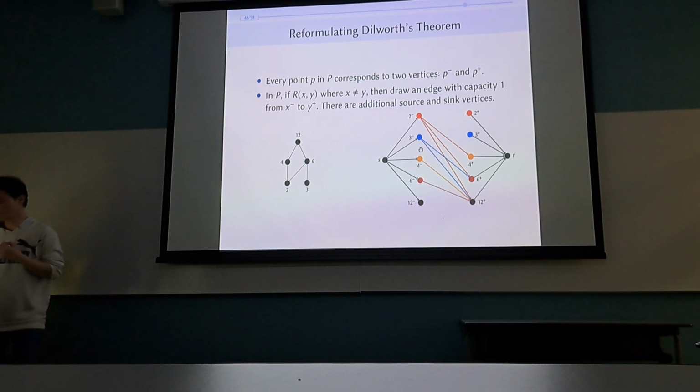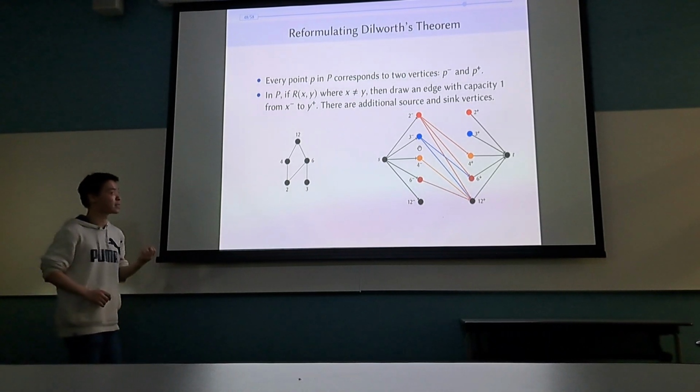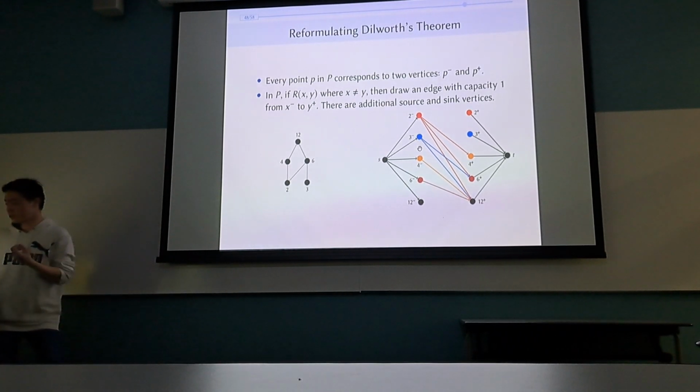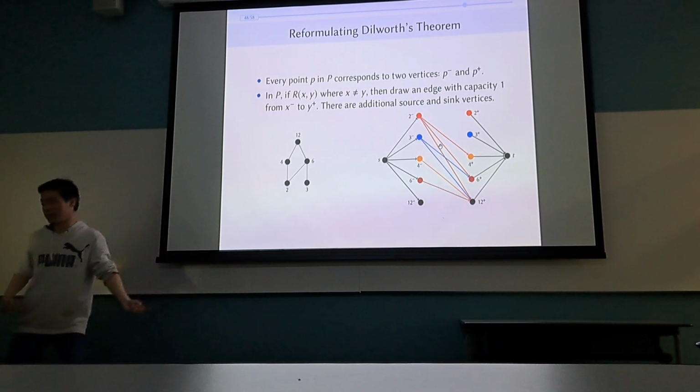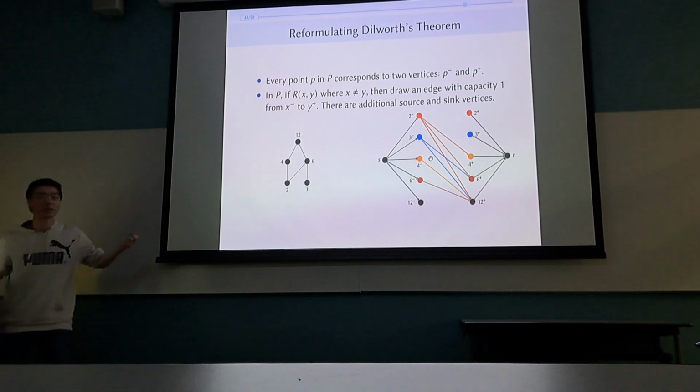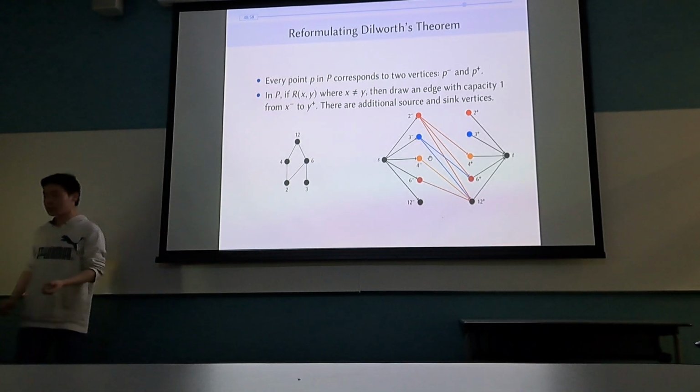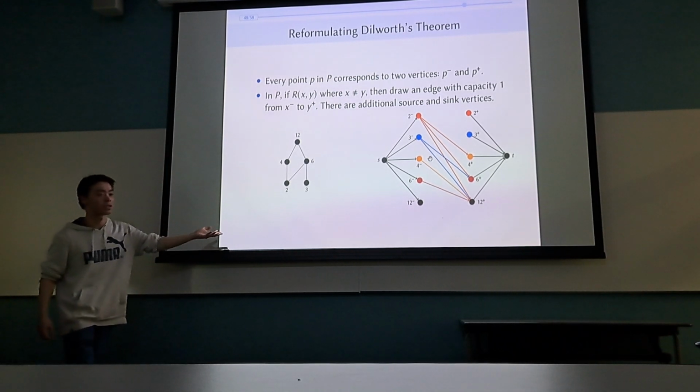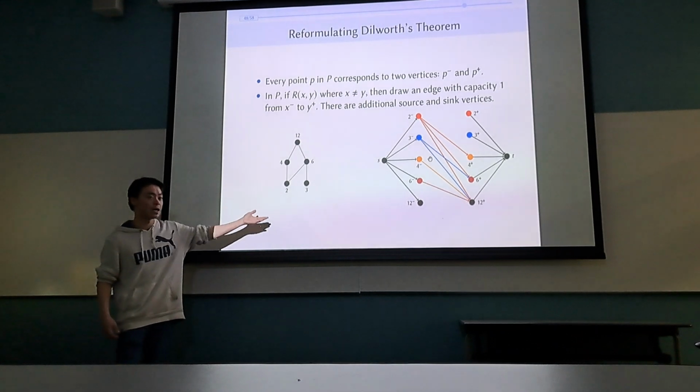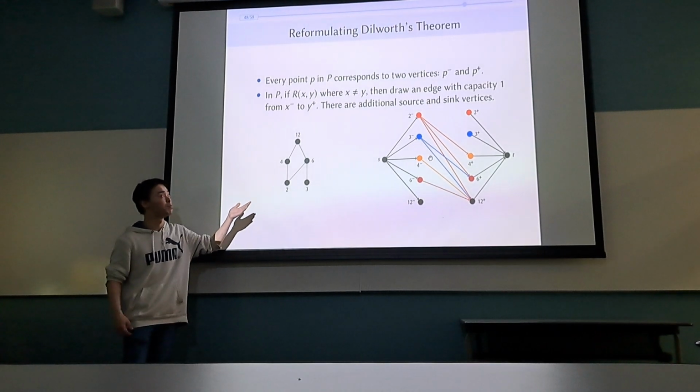Likewise, 3 is related to 6 and 12. So 3 minus is going to be connected to 6 plus and 12 plus. And you can follow the same pattern here as well. So this is the flow network I'm going to construct out of the diagram of my partially ordered set.